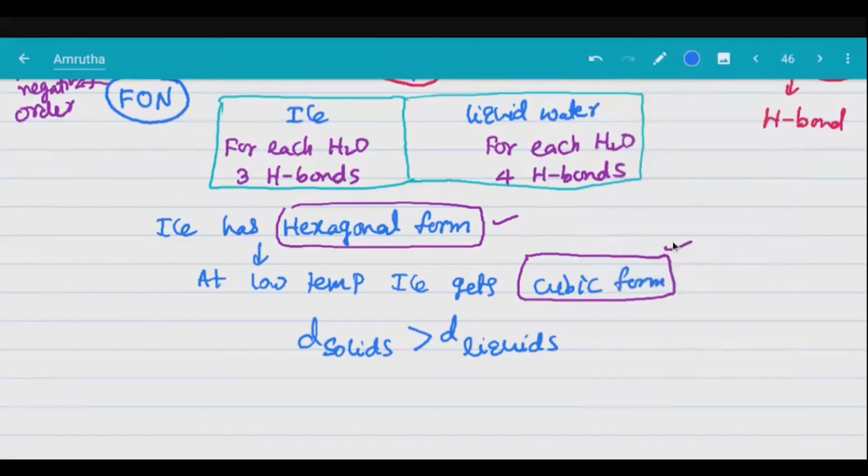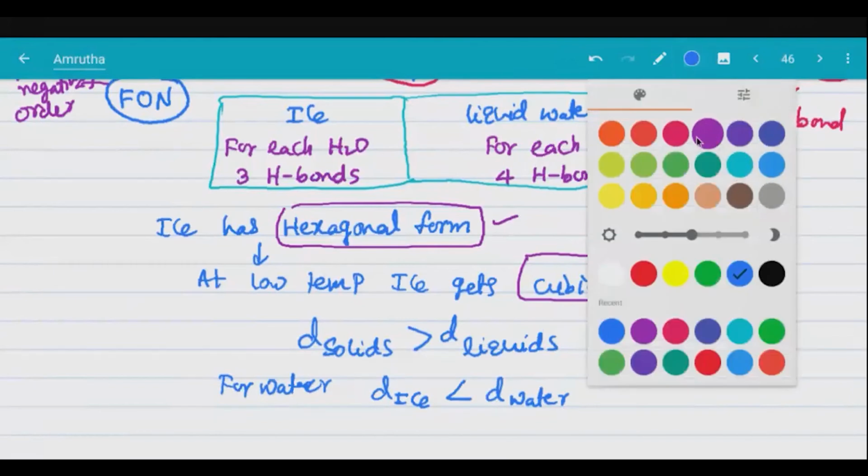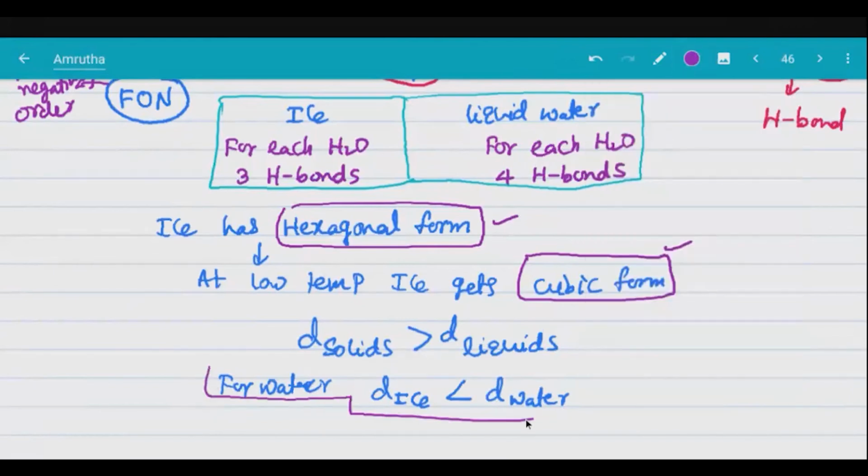But listen carefully. For water, the density of ice is less than the density of water. See, water is completely different. Usually solids are denser, with more mass concentrated per unit volume, but here ice has less density. Look at this bonding. Ice has only 3 hydrogen bonds, meaning per unit volume there are more empty spaces in ice.